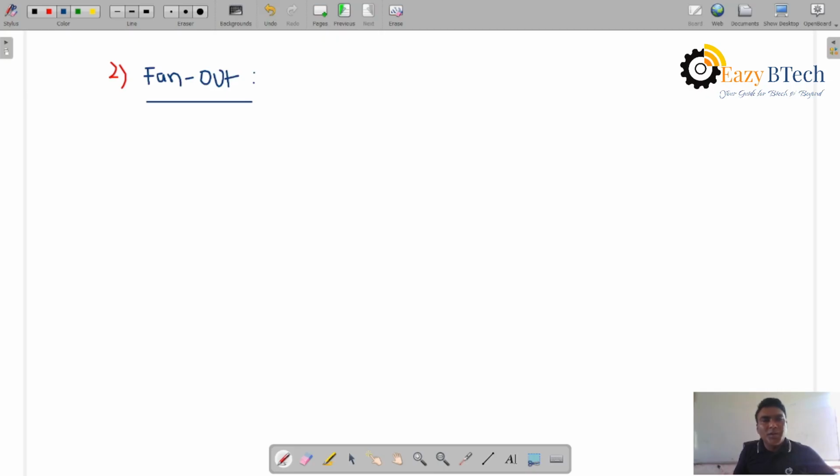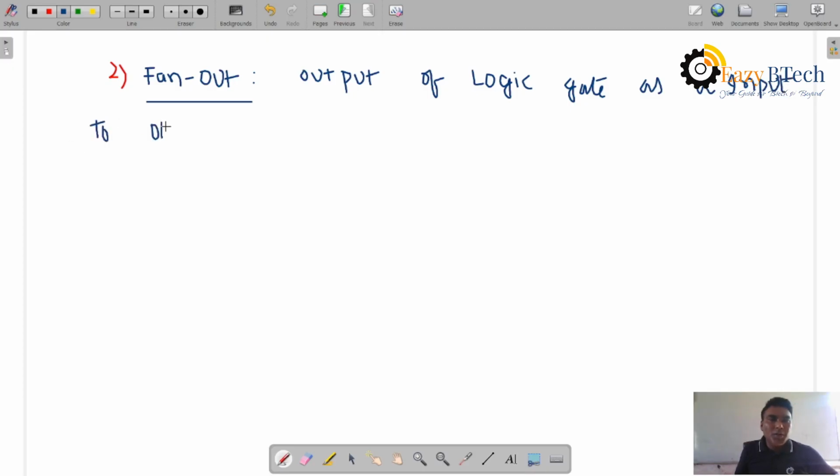Fan out is nothing but the output of a logic gate as an input to other logic gates.